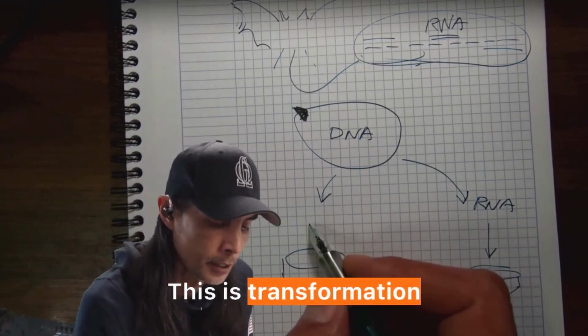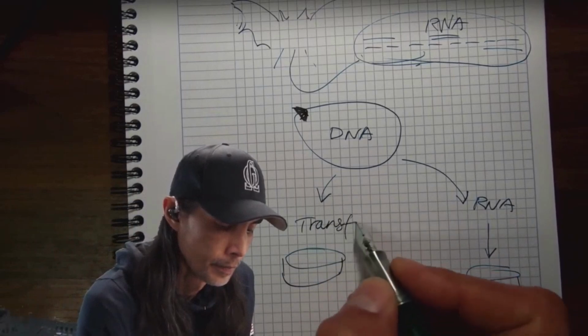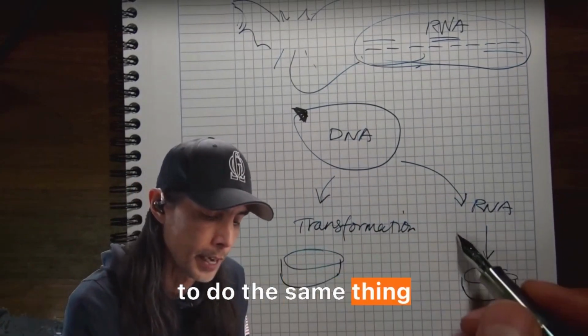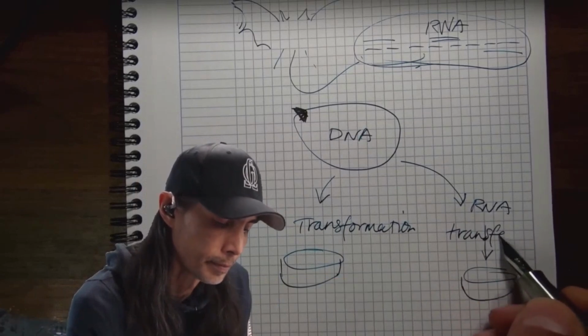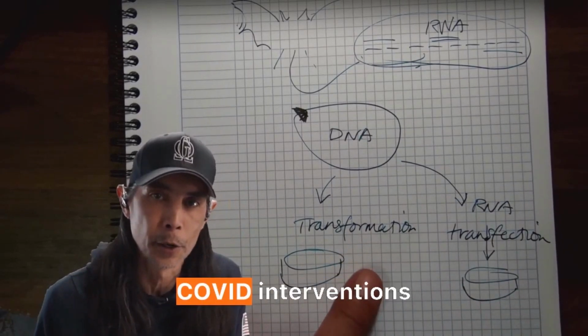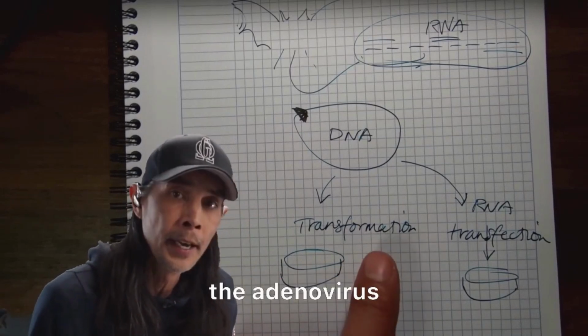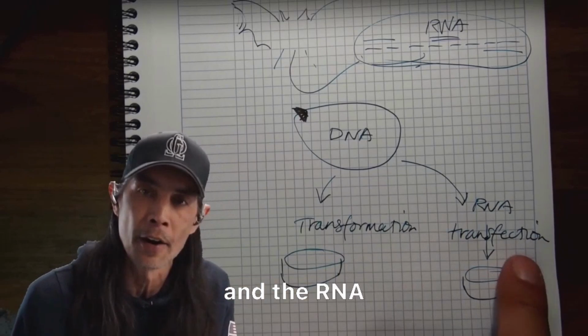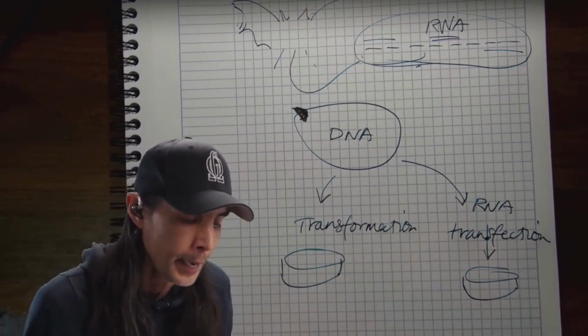This is transformation. And using RNA to do the same thing, that's transfection. So technically speaking, if you look at the COVID interventions, the adenovirus should have been called a transformation, and the RNA would have been called a transfection.